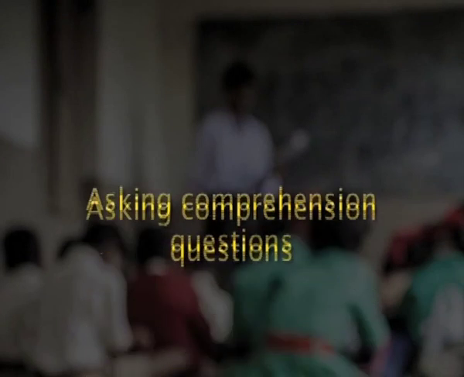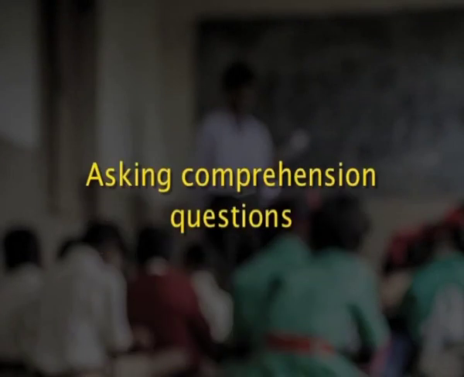Okay? And the same thing happens with asking and eliciting answers to comprehension questions. I suppose you know what I mean by comprehension questions. Every passage will have a number of questions.